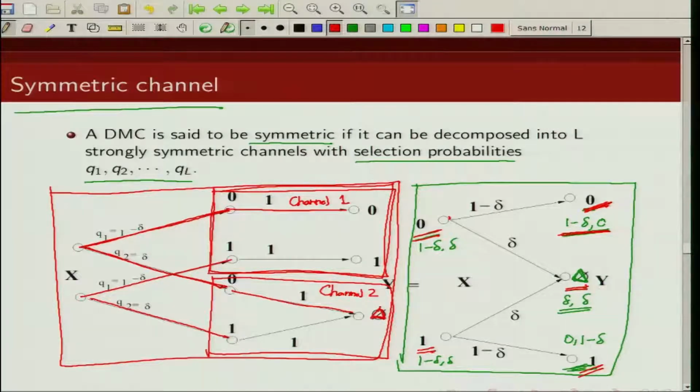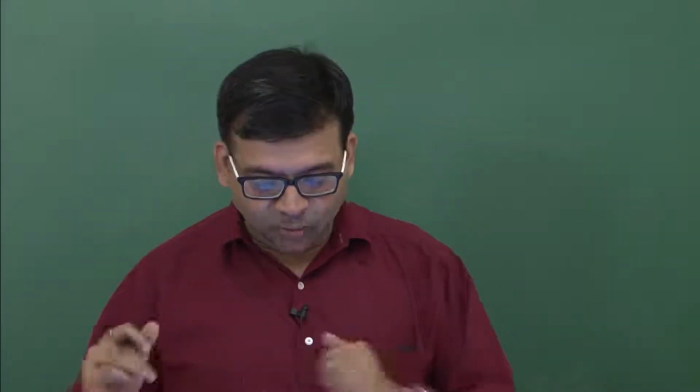Similarly, from 1 you can go to this state with delta into 1, exactly the same, and 1 to 1 is 1 minus delta into 1. So these two channels are exactly equivalent.